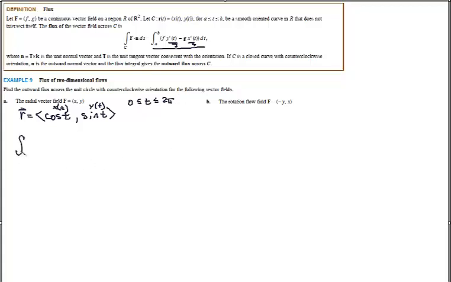In writing down my integral, this goes from 0 to 2 pi. I will need to multiply my function, which in this one is going to be cosine t for the F, times the derivative of my y.